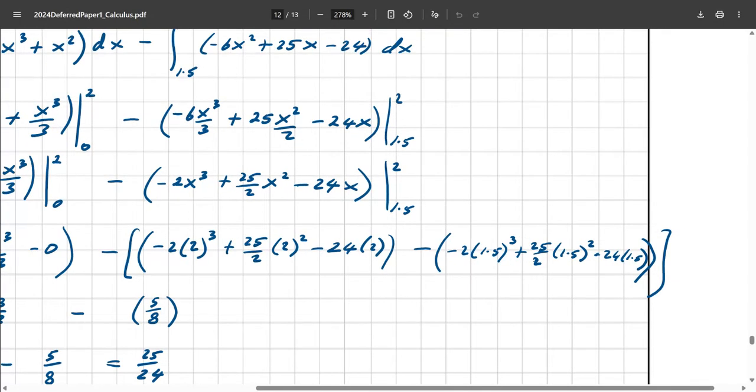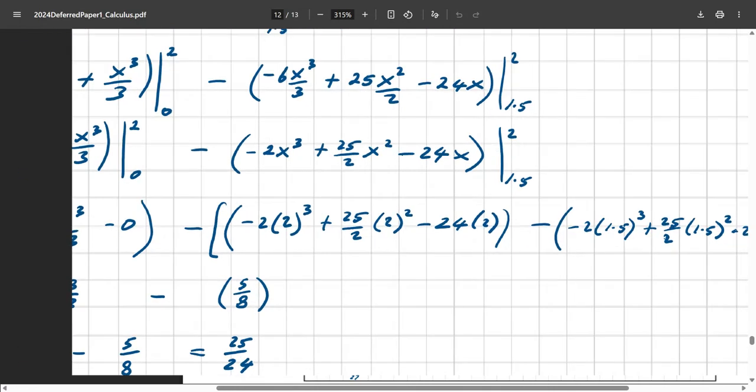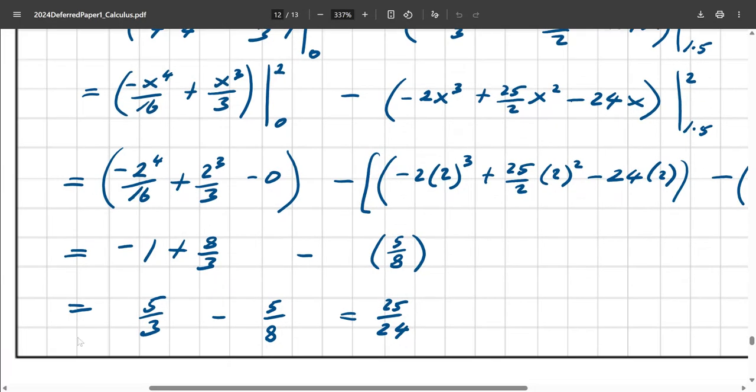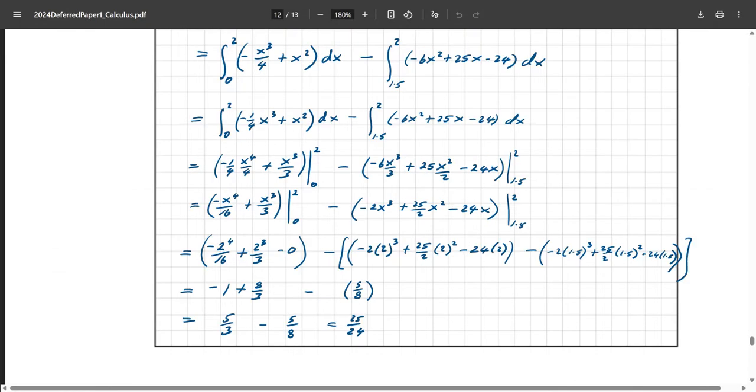And work all that out in the calculator and you get 5 over 8. And for the first one you get 5 over 3. Subtract your two areas and you get 25 over 24. And that's the area of the logo that we're looking for.